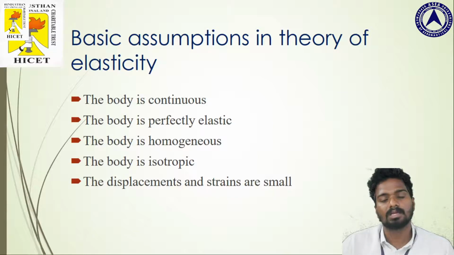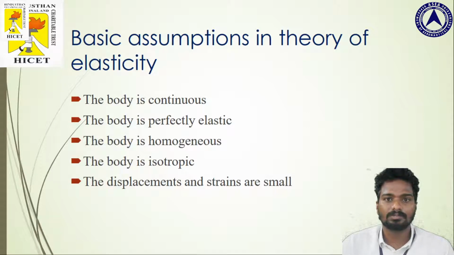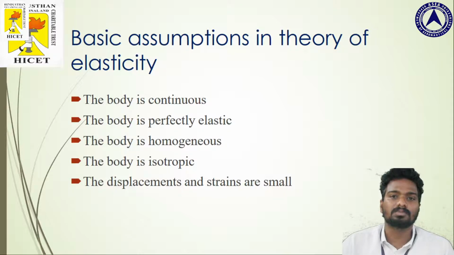The body must be homogeneous and isotropic, which means whichever direction you choose, irrespective of the direction, the material properties must be the same within the object. And the displacement and strains must be very small or negligible.